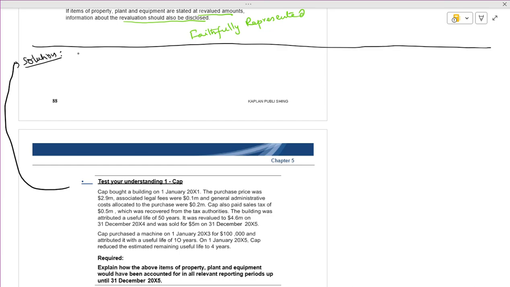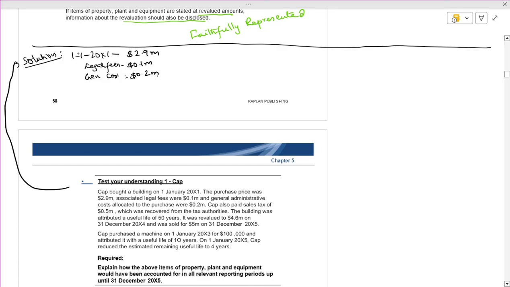CAP bought a building on 1/1/2001. The purchase price is 2.9 million. Associated legal fees are 0.1 million. General cost allocated to purchase is 0.2 million.